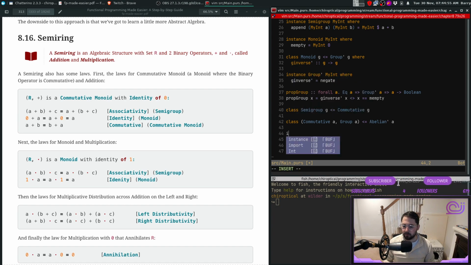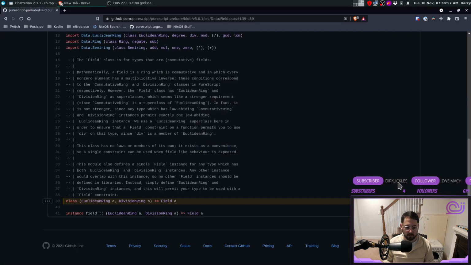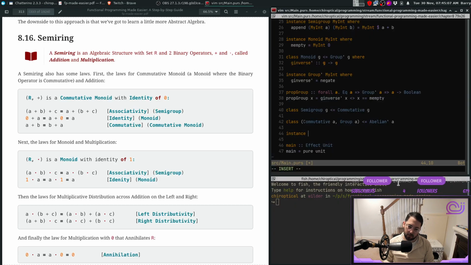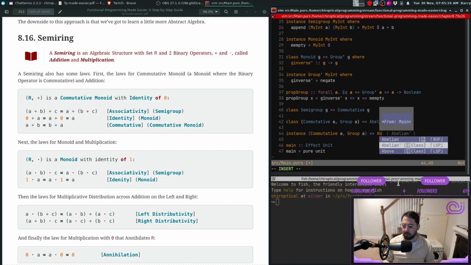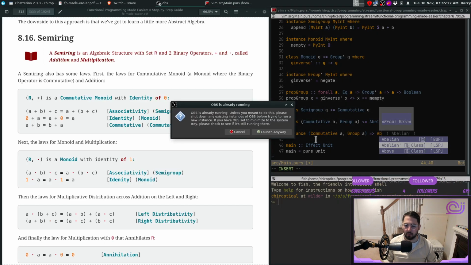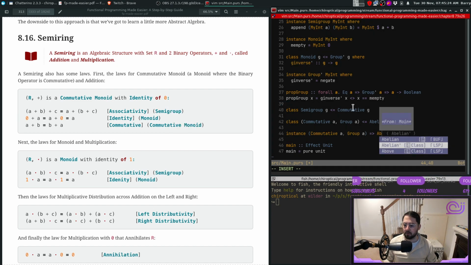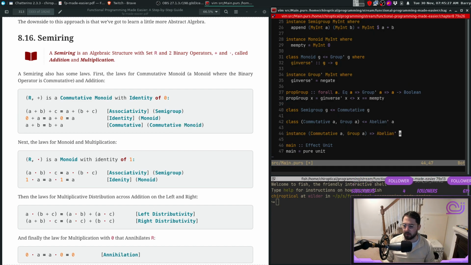you can literally write instance. So that's the name. Okay, so then you just write commutative a group a abelian prime. Whoa. A, I think. Yep.